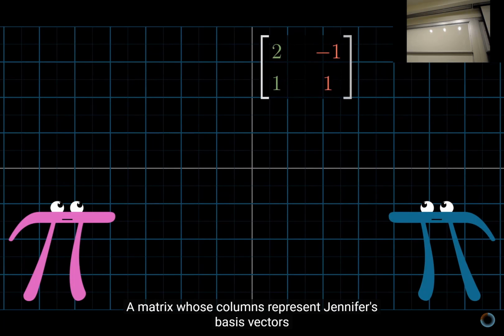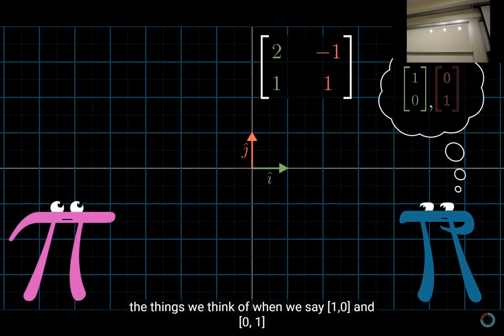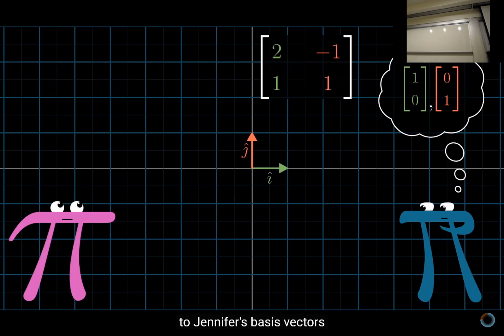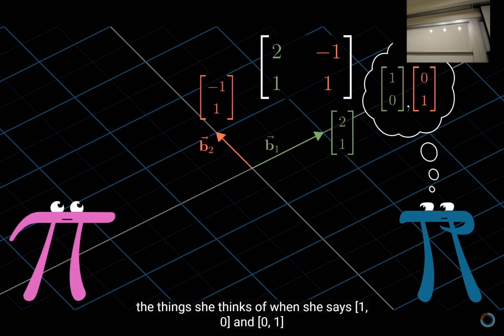A matrix whose columns represent Jennifer's basis vectors can be thought of as a transformation that moves our basis vectors, i hat and j hat, the things we think of when we say 1, 0 and 0, 1, to Jennifer's basis vectors, the things she thinks of when she says 1, 0 and 0, 1.